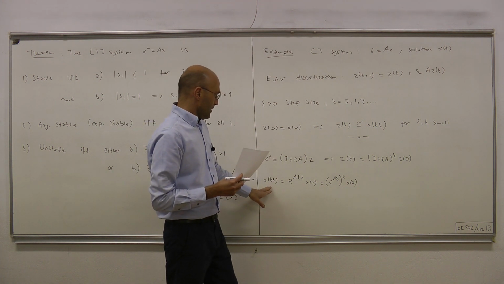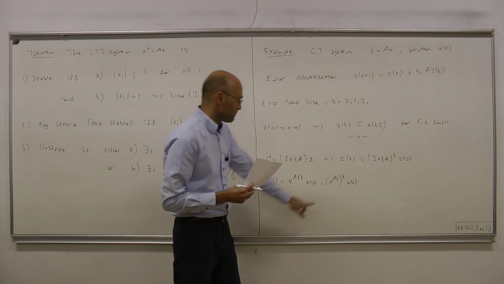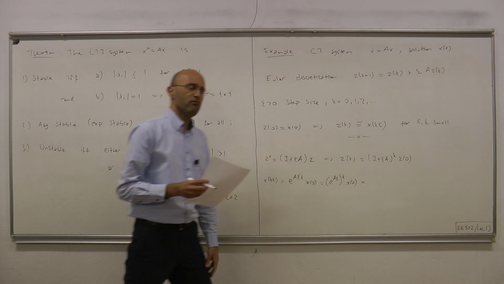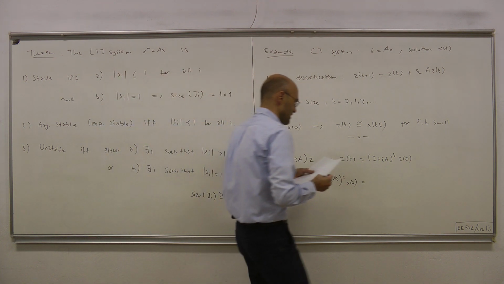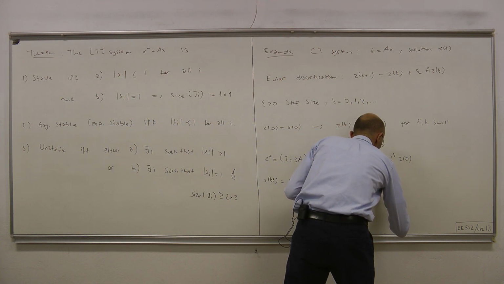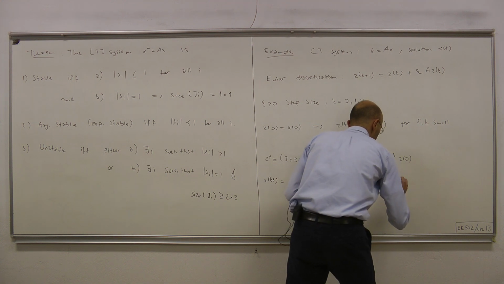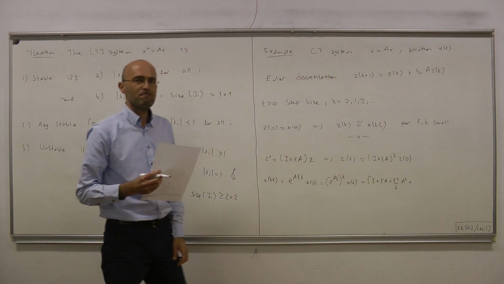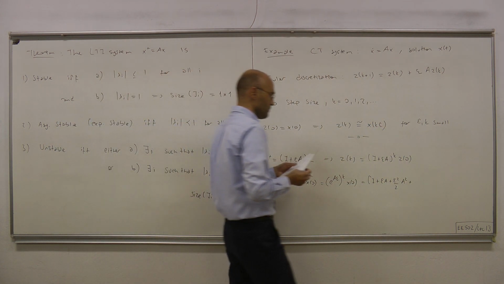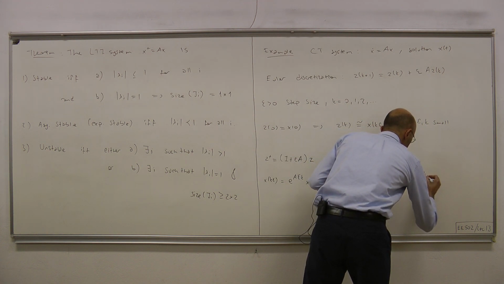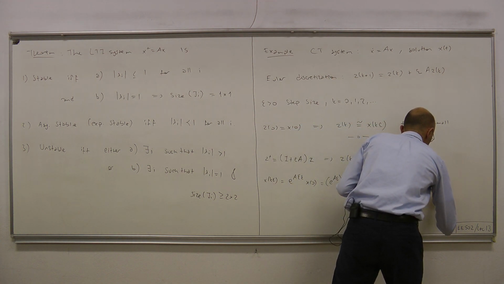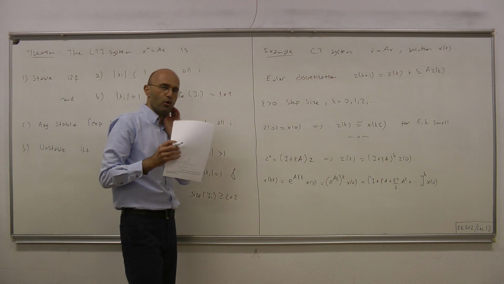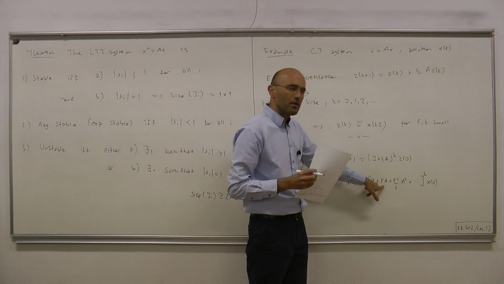So let's write this in open form: e to the A epsilon can be written as identity plus epsilon A plus epsilon squared over 2 factorial A squared plus epsilon cubed over 3 factorial times A cubed, and so on up to infinity, raised to the power k times x0.